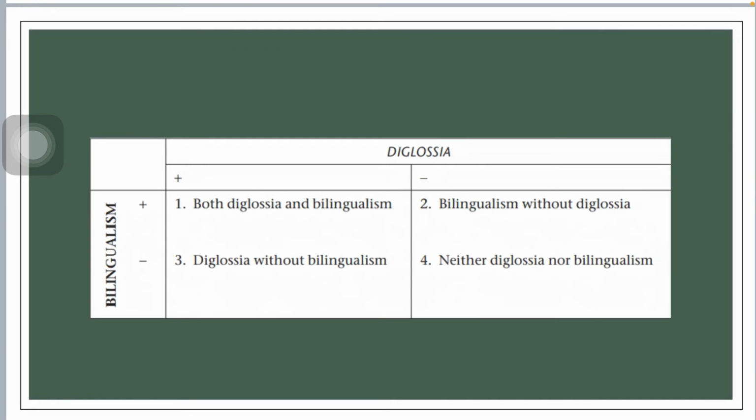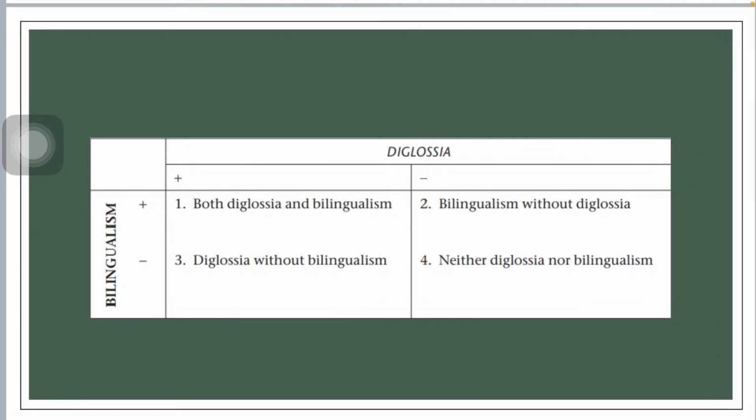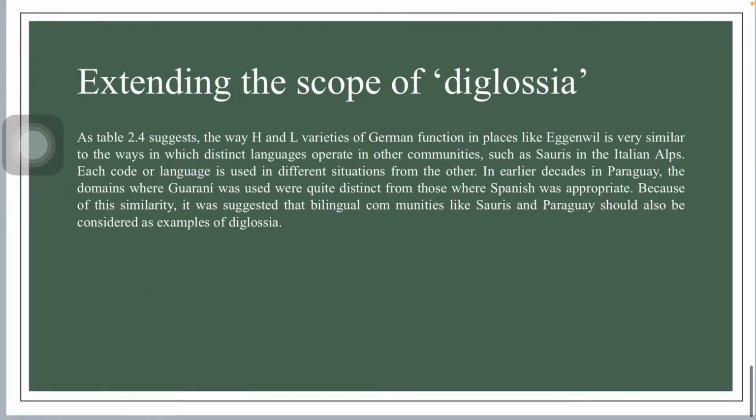Box 2 describes situations where individuals are bilingual, but there is no community-wide functional differentiation in the use of their language. And box 3 describes the situation of politically united groups where the two languages are used for different functions, but by largely different speech communities.